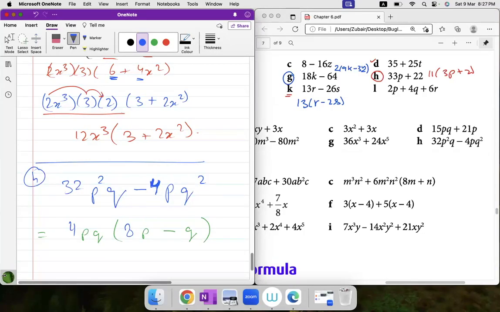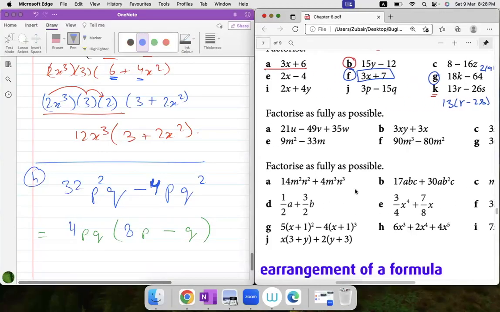Or pq, and then is that an 8? That's an 8. 9 would be when it is 36. Yeah, 4 9 times 36, 4 8 times is 32. 8p minus q, yeah. Then 4pq.